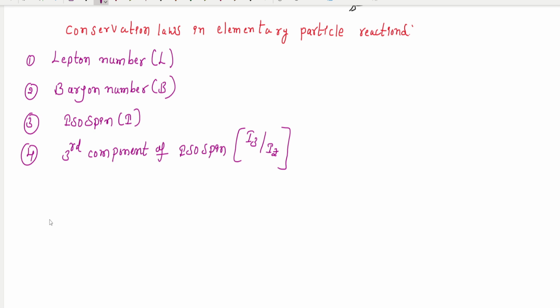Next, conservation of strangeness number.